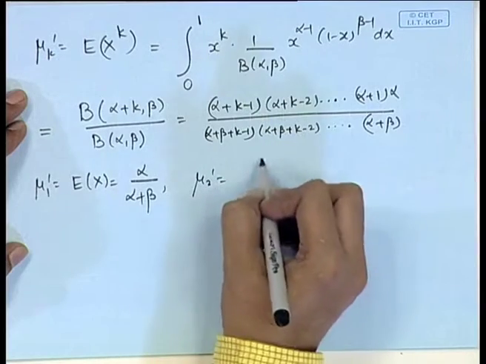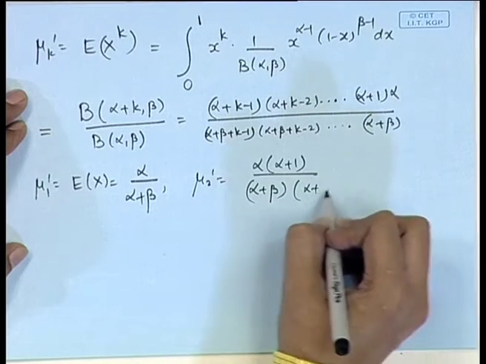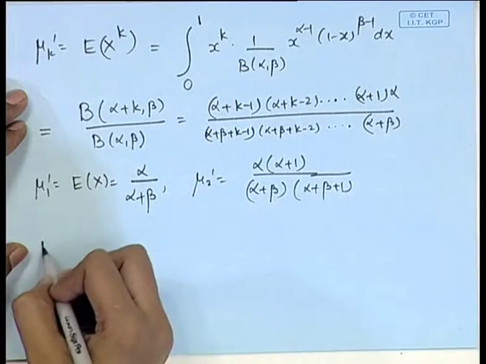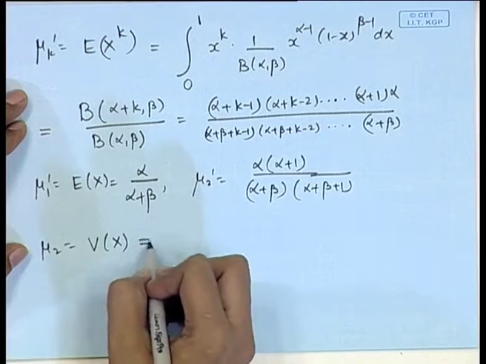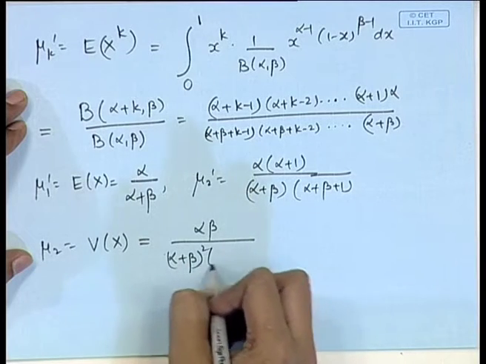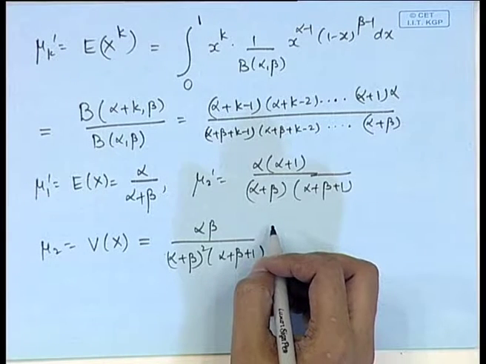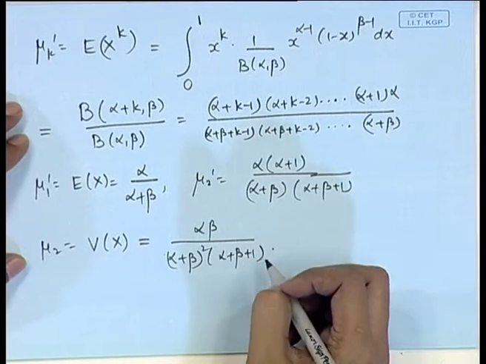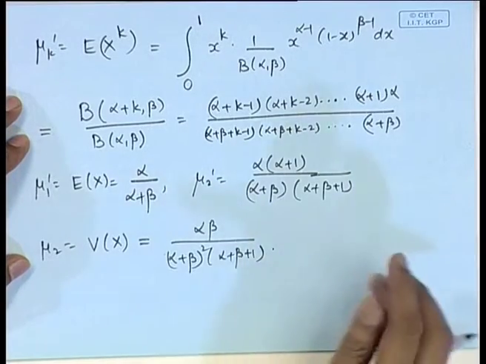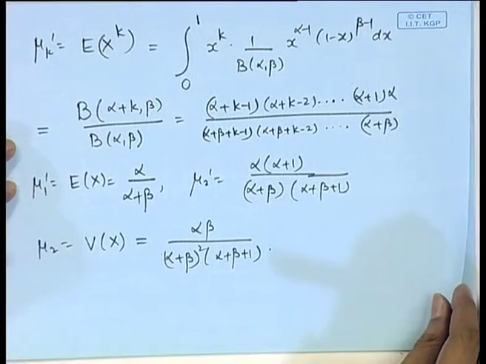The second moment will be equal to alpha into alpha plus 1 divided by alpha plus beta into alpha plus beta plus 1, and therefore the variance of the beta distribution will be equal to alpha beta divided by alpha plus beta square into alpha plus beta plus 1. Of course, the third and fourth moments will decide the symmetry and the kurtosis of this distribution, and we have already exhibited that it will depend upon the values of alpha and beta.